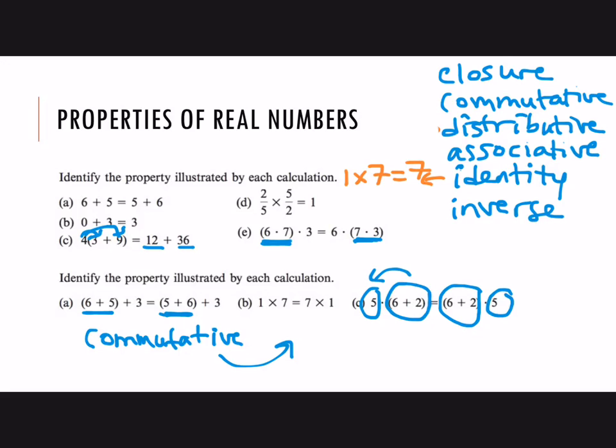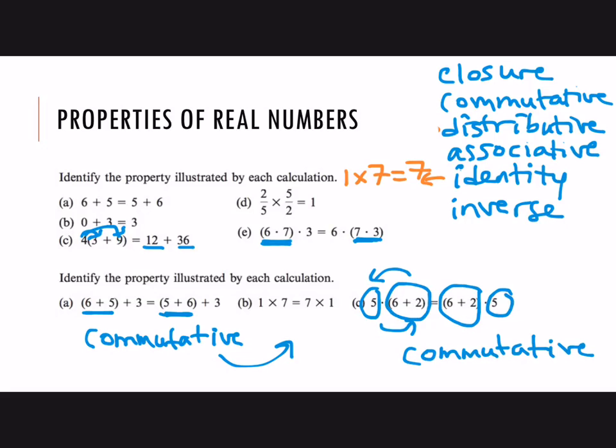So we've flip-flopped these two things around a multiplication symbol. Now 6 plus 2 is just a real number, and so is 5. So this is yet again another example of the commutative property. We switched two numbers around a multiplication sign, and one of those two things just happens to be a little bit longer, the 6 plus 2, instead of writing it as an 8.